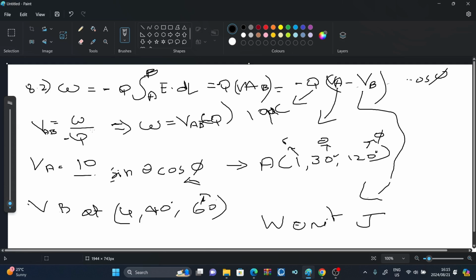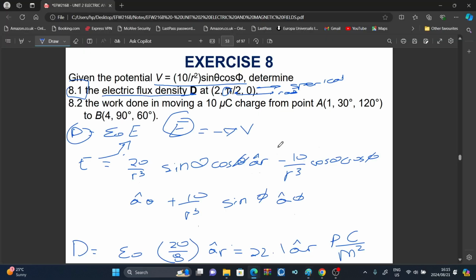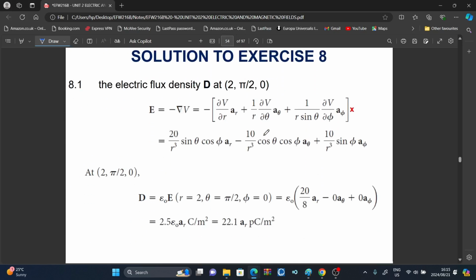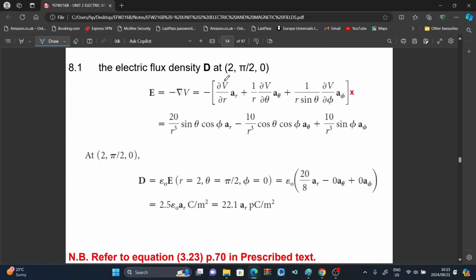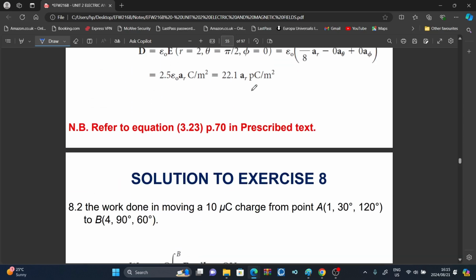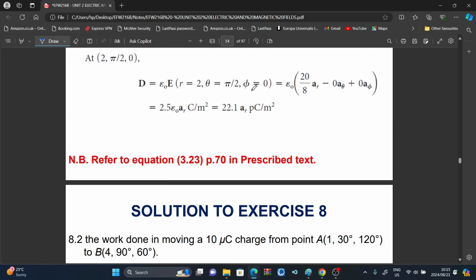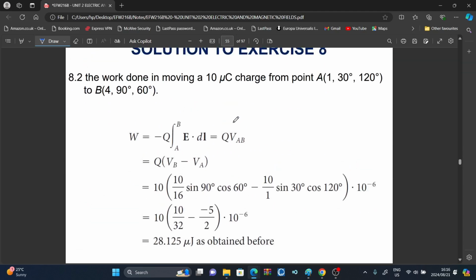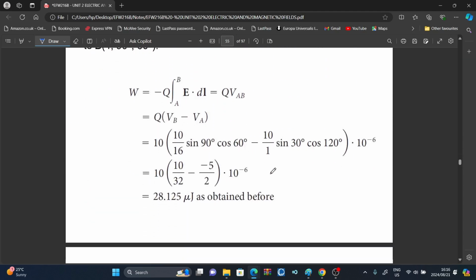I hope you understand this part. So that's our exercise 8. And as you can see, they do the same thing. So this symbol just means it's the partial differentiation in terms of all of them. And as you can see, work done is also simple.